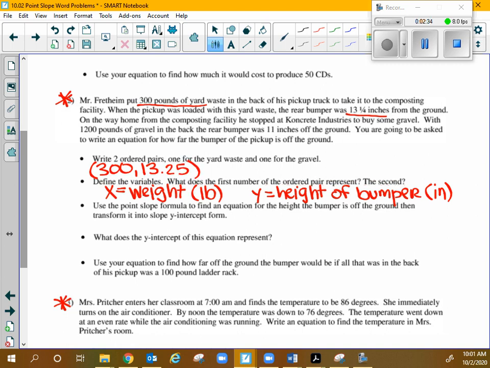Here's a scenario where we can turn things into decimals. What about your second point? 1,200. Good. 1,200 pounds would be 11 inches off the ground.